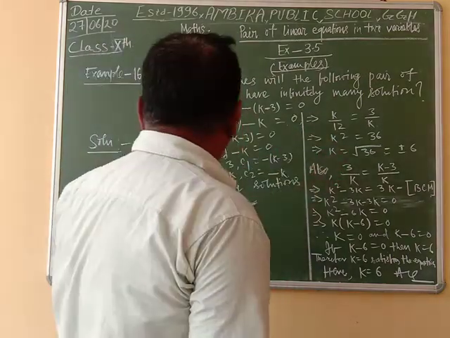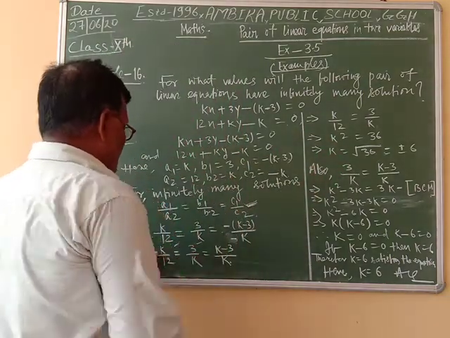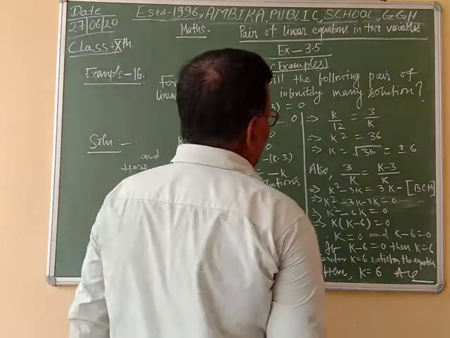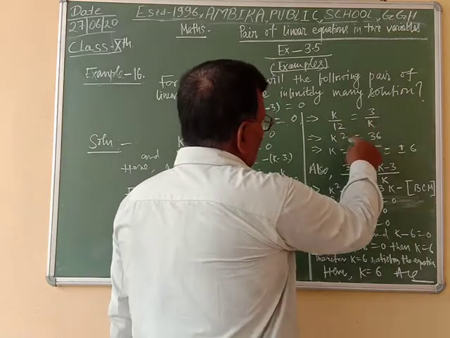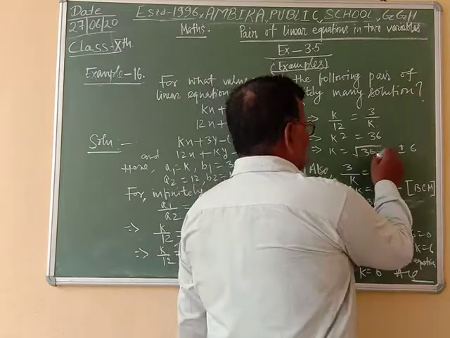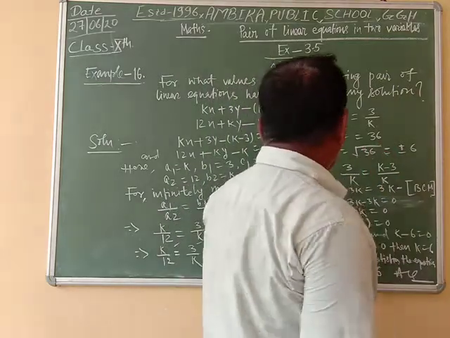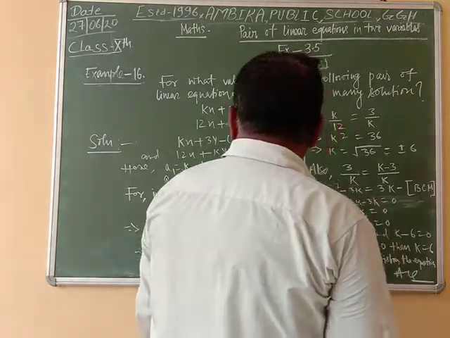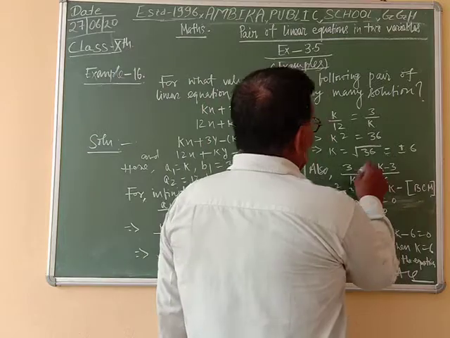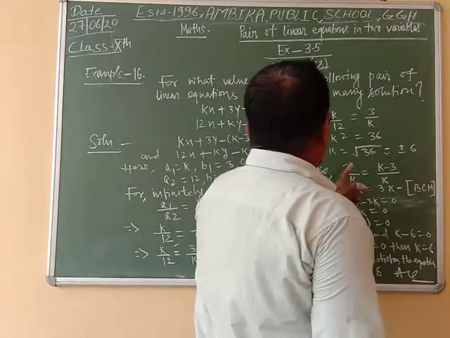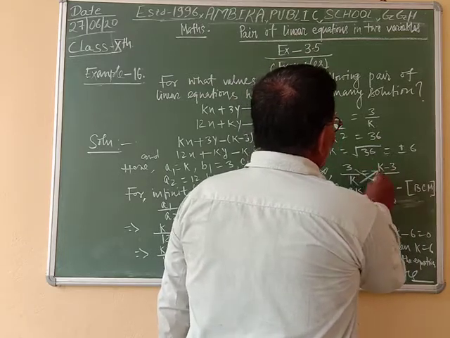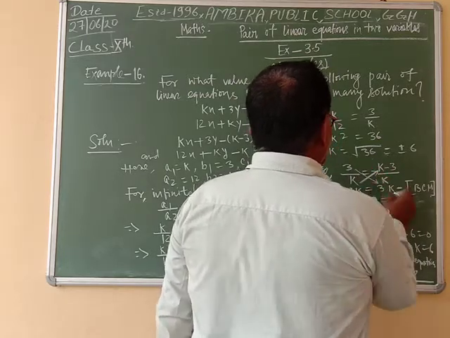Taking two ratios, because both are equal, k by 12 is equal to 3 by k. Yeah, k square is equal to 36 by cross multiplication. k is equal to root under 36, which square root is plus minus 6. Also 3 by k is equal to k minus 3 by k, and solving by cross multiplication, k square minus 3k is equal to 3k.